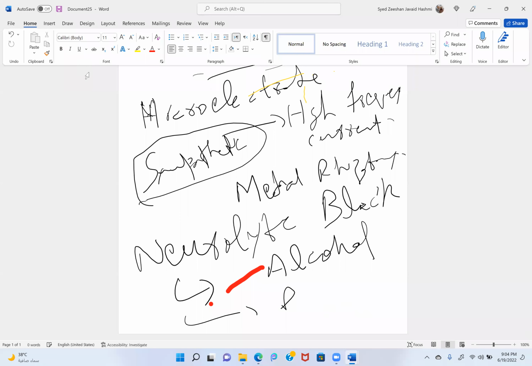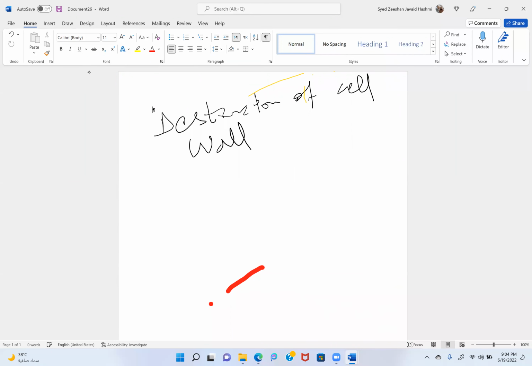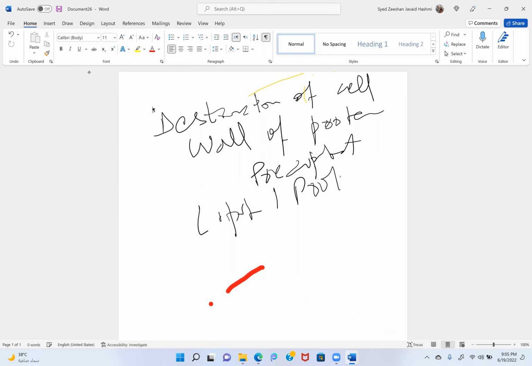Usually it is causing the destruction of the tissues, destruction of cell wall and proteins, and precipitation of proteins. The cell wall is made of lipid and protein, so it is damaging it. So the nerves are damaged. It will not be 100% permanent, but it will last for some time.